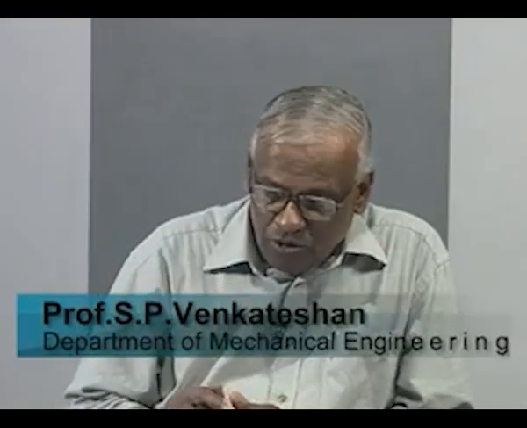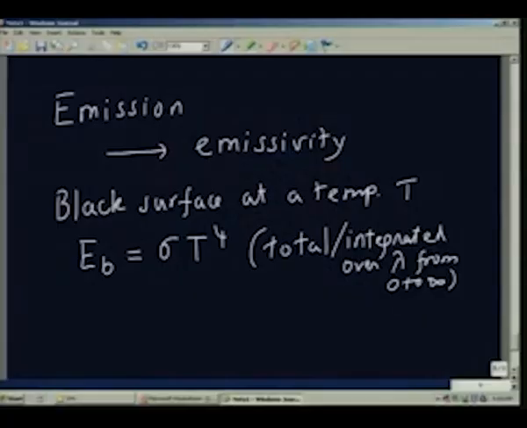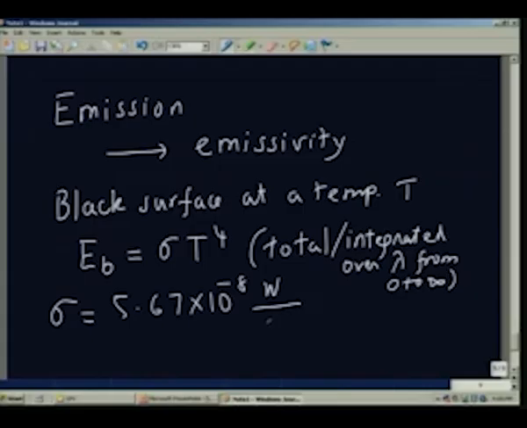If you consider that region, it is adequate. In some cases it may be even narrower than that, depending on the temperature. So, I have a black surface which emits radiation per unit area, in watts per square meter, given by sigma T to the power of 4, where sigma is the Stefan Boltzmann constant, and the value of sigma is 5.67 multiplied by 10 to the power of minus 8 watts per meter squared Kelvin to the power of 4.